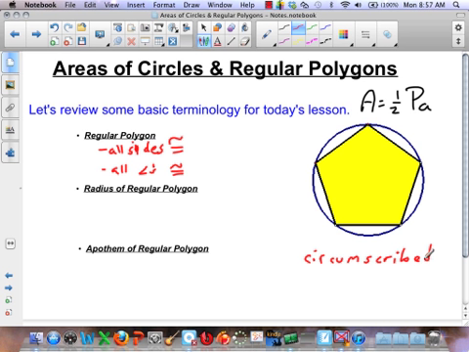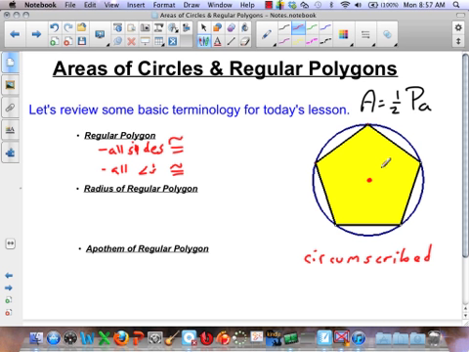Now, every circle has a center. It's the intersection of all the diameters of the circle. So let's say, we'll make things simple here, that's the center of our circle. The center of that circle is the same as the center of the polygon. And then we're going to add two terms today.